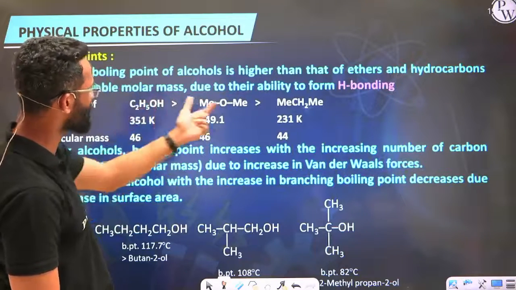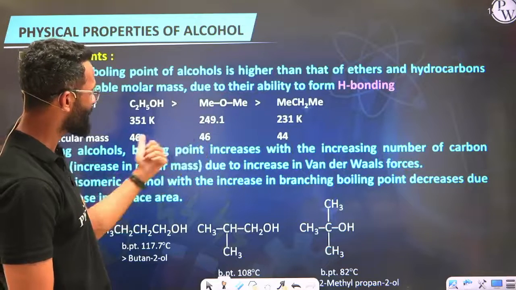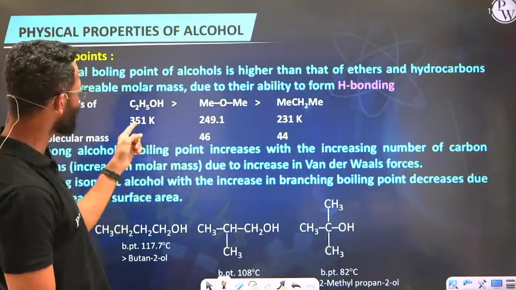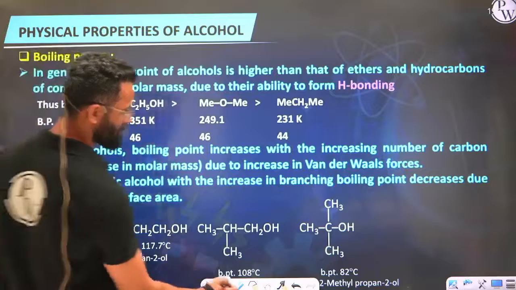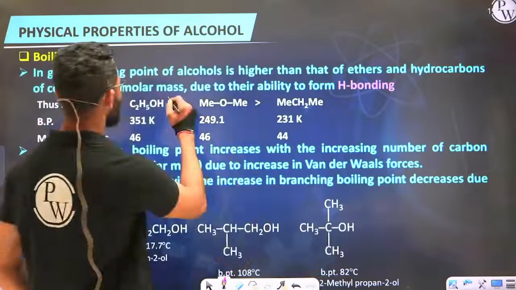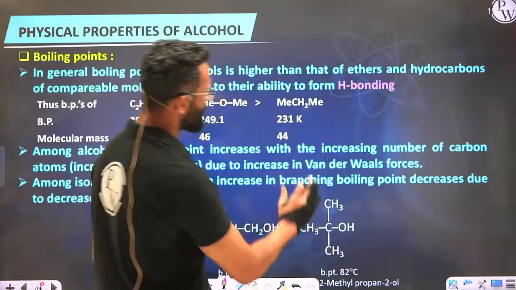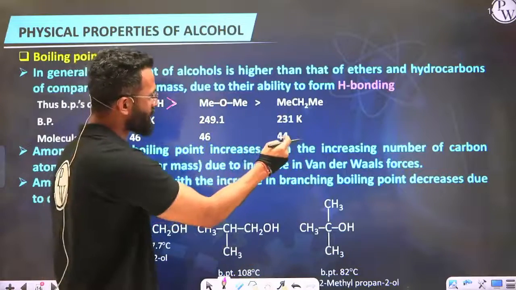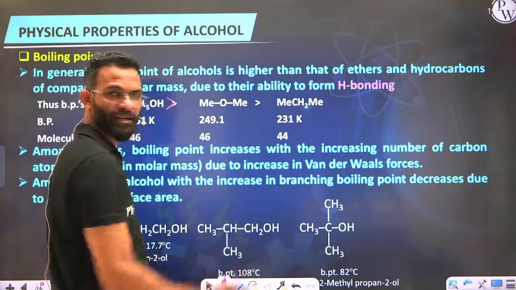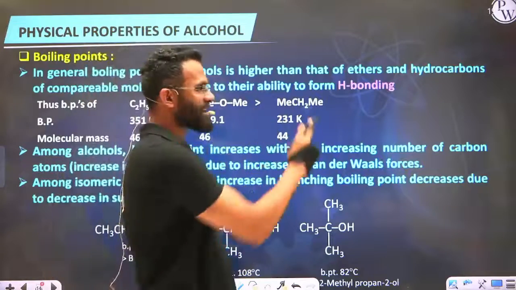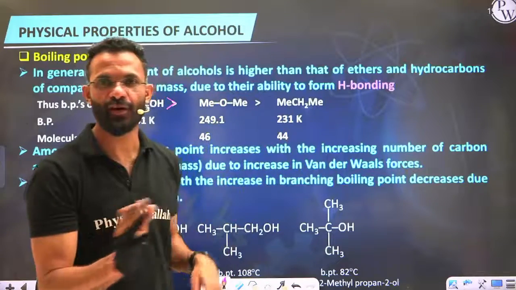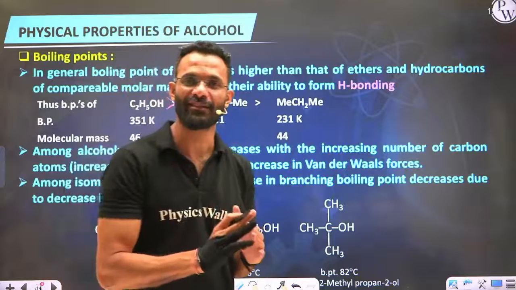Like ethyl alcohol and dimethyl ether have identical molar mass, but see, the boiling point of the alcohol is higher than that of an ether. Similarly, if you compare them with an alkane, let's say propane, again comparable molar mass, not exactly 46 but comparable. But in case of alkane, there is no polar group because there are no atoms which differ in electronegativity.